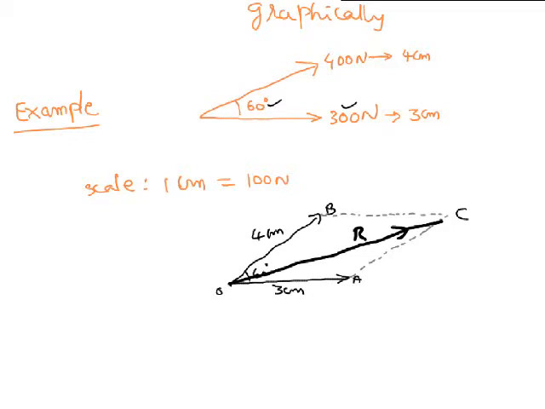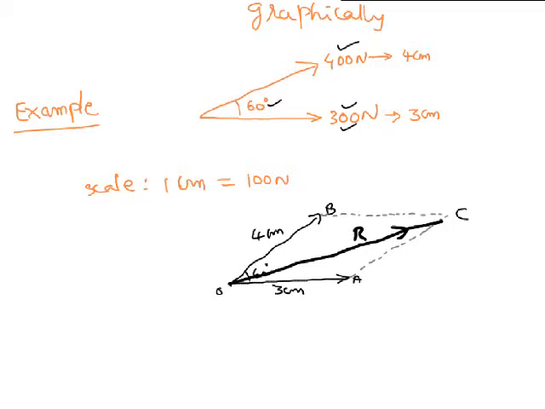Instead of applying two forces OA and OB, we can just apply one force R, which will have the same effect as the 300 newton and 400 newton forces put together.